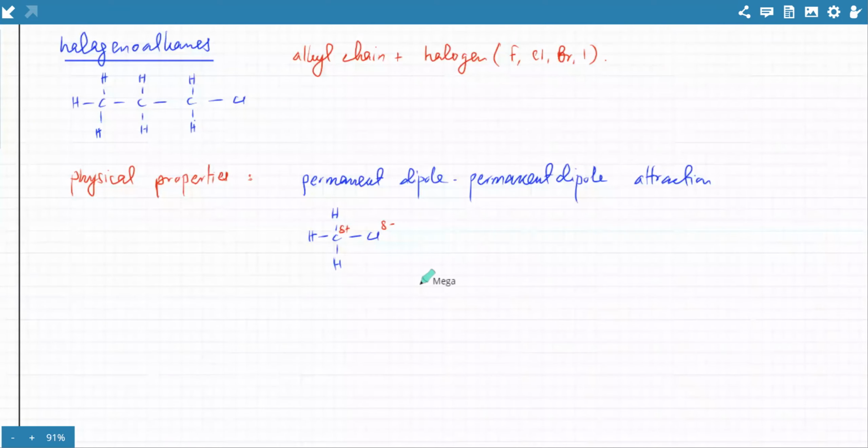And if there's another molecule in exactly the same situation, you have carbon and it has Cl, and this is partial positive, this is partial negative, then the negative part would attract the positive part of the other molecule. There's going to be permanent dipole attraction between molecules.